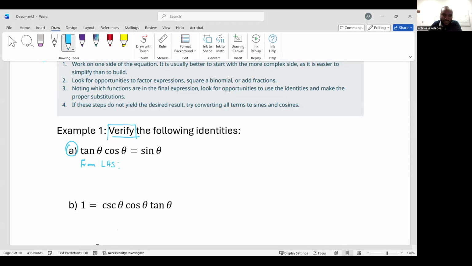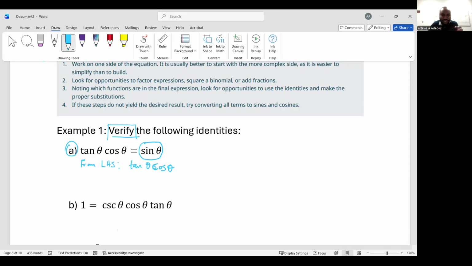I'm starting from the left-hand side because it is much more complicated compared to the right-hand side, which is sine of theta. So I will pick the complicated part. I will simplify it. In the end, my answer must be sine of theta. That is what I want to do. I want to verify that it is sine of theta.